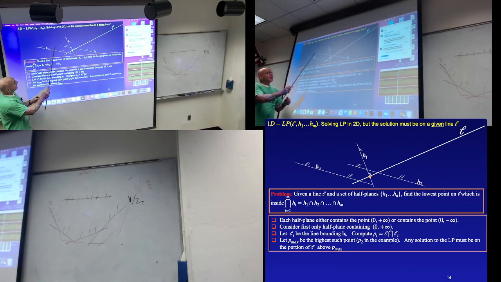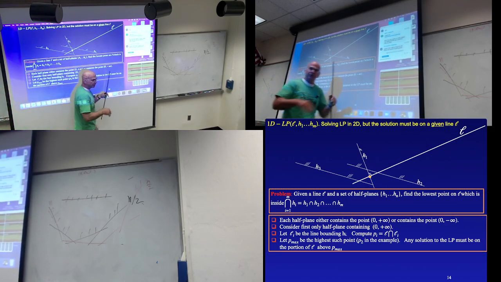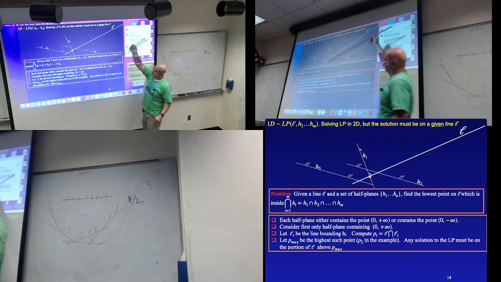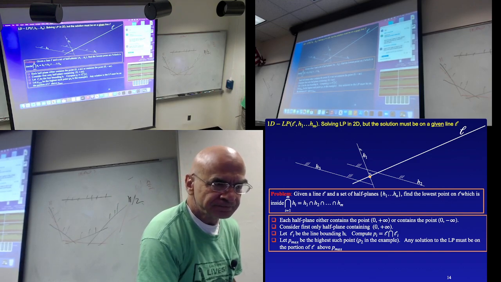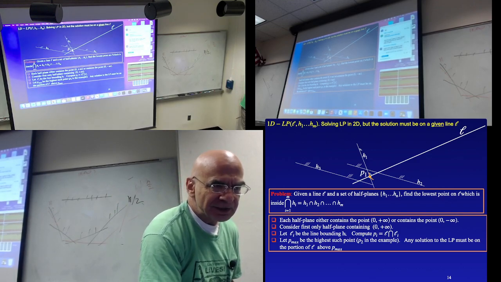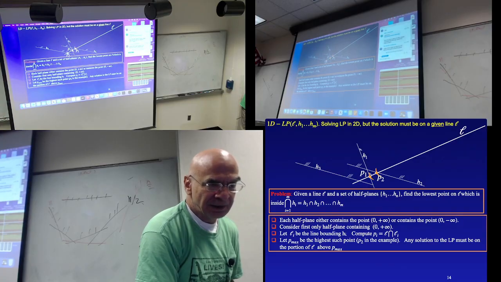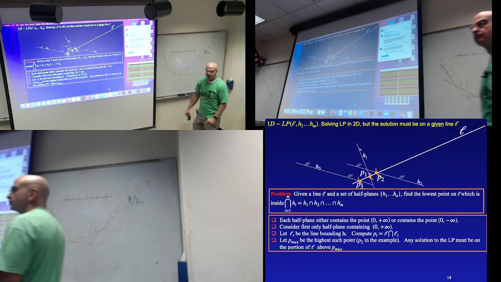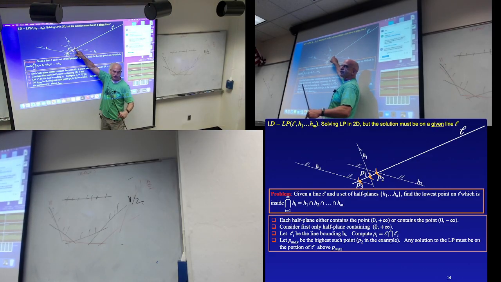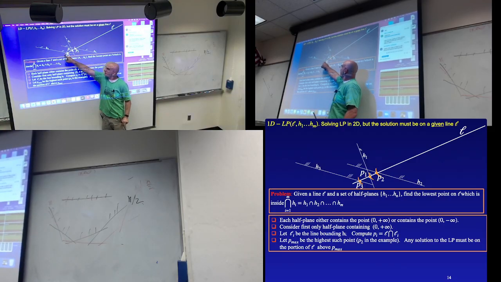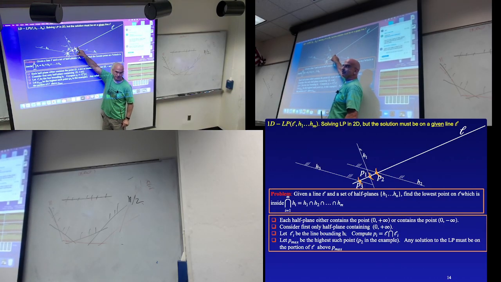For every Li, compute the intersection point with the input line that I gave you. Remember, I'm looking for a solution only on L itself. So I'll compute the first intersection point, second one, third one, in this case, always on L. What am I looking for? If my cost function is to minimize, then I'm looking for a point on L that is above each one of these intersection points.